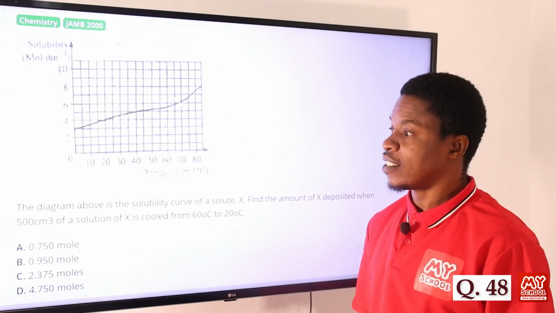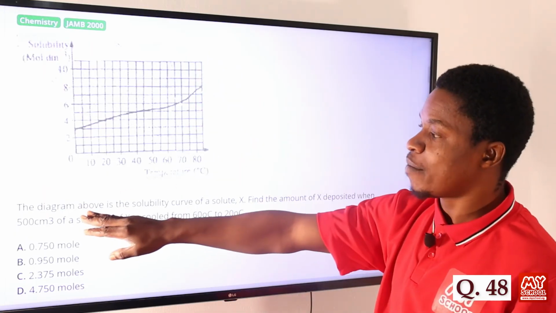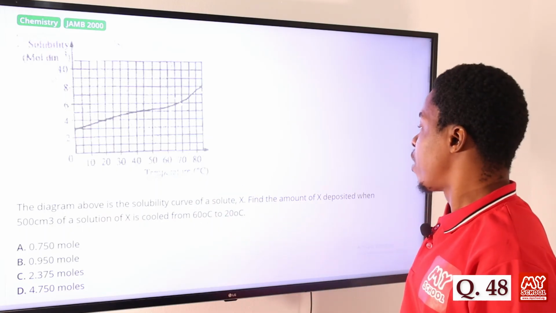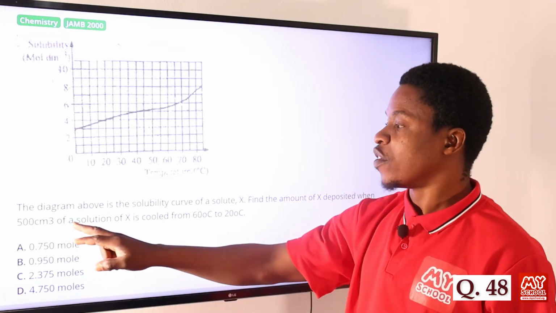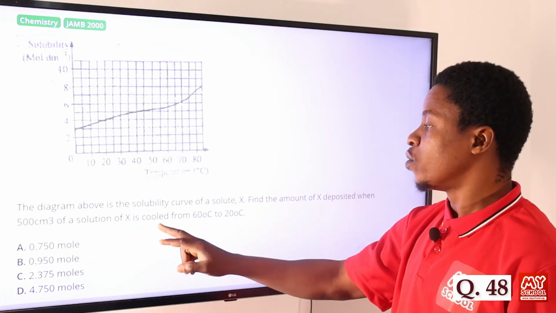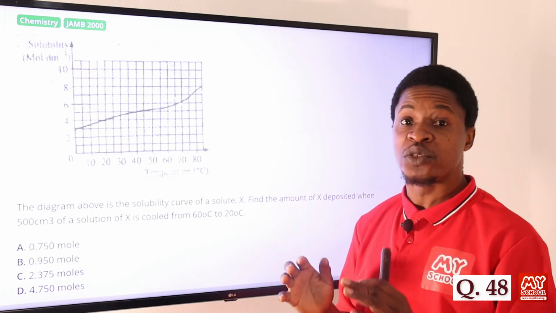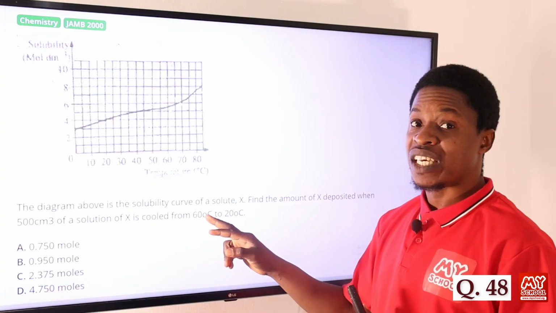Question 48. This is a solubility curve. It says the diagram above is the solubility curve of a solute X. Find the amount of X deposited when 500 cm cube of a solution of X is cooled from 60 degrees Celsius to 20 degrees Celsius. All we need to do first is trace 60 degrees.